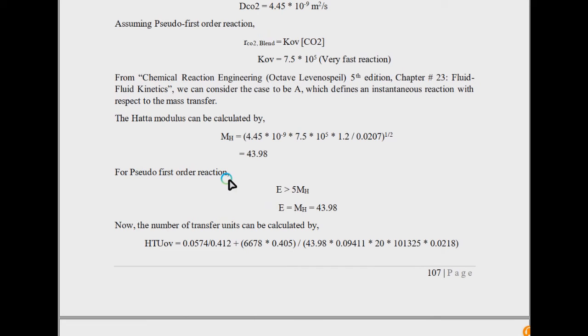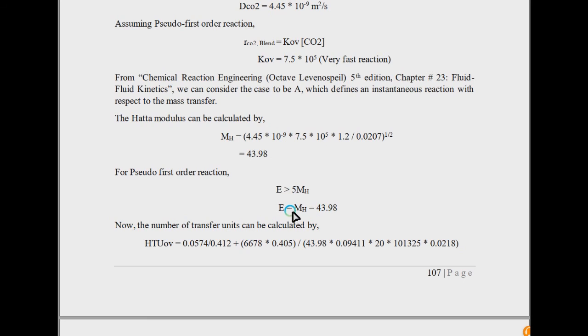For a pseudo first order reaction, the enhancement factor is greater than 5 times the Hatta number. This criterion has to be satisfied. 5 times mH, but mH comes out to be very large, 5 multiplied by 43.98 comes out to be approximately 225 to 226.